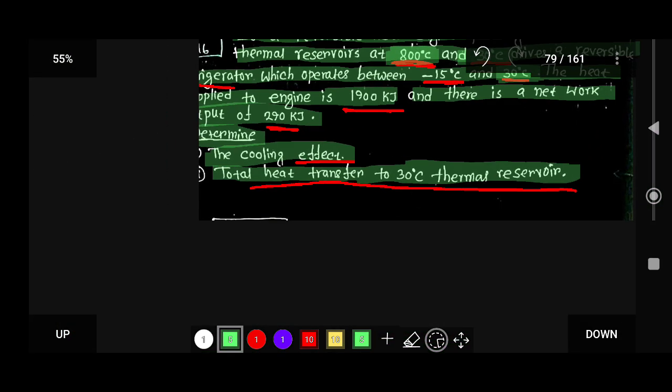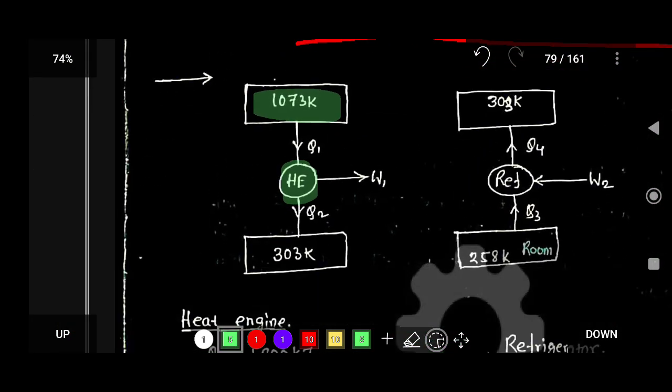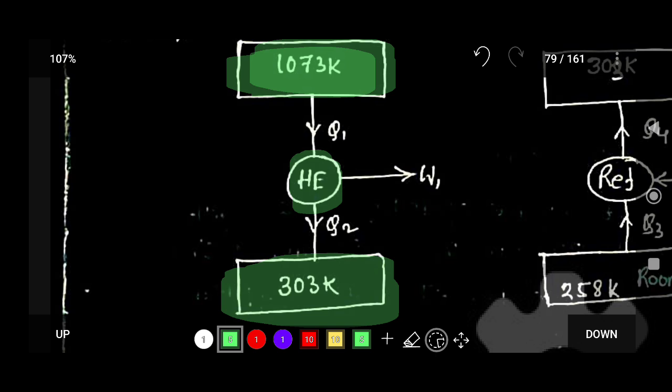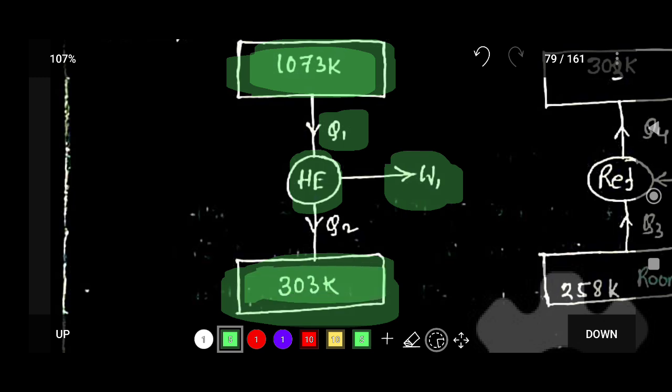Now the heat engine operates between these two temperatures, 1073 Kelvin and 303 Kelvin, and produces work W1. Basically the heat engine absorbs Q1 amount of heat from the source at 1073 Kelvin, and rejects Q2 amount of heat to the sink at 303 Kelvin.